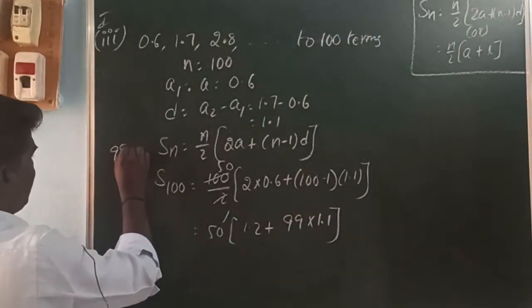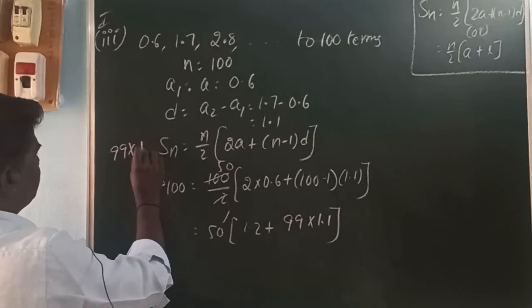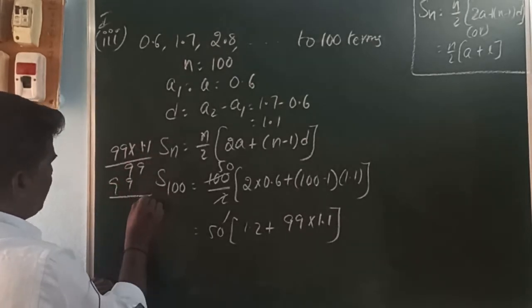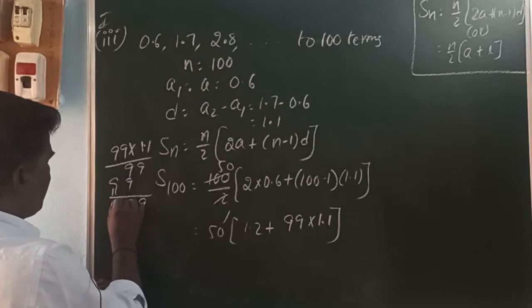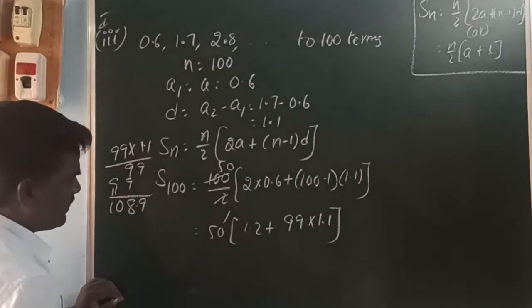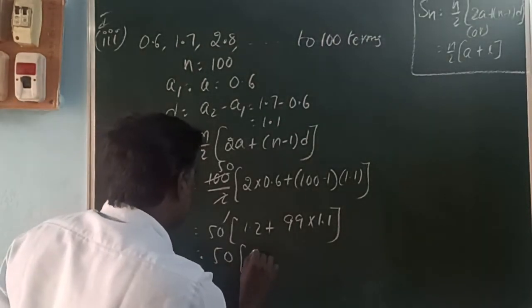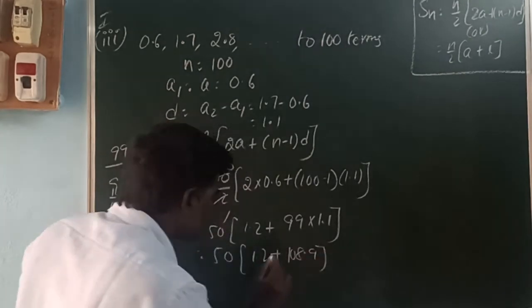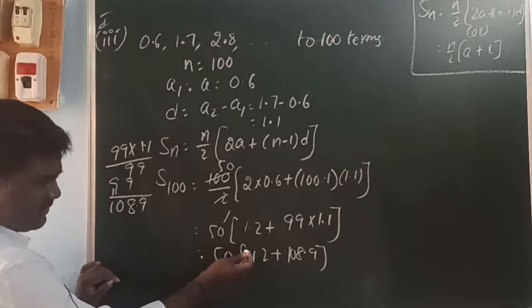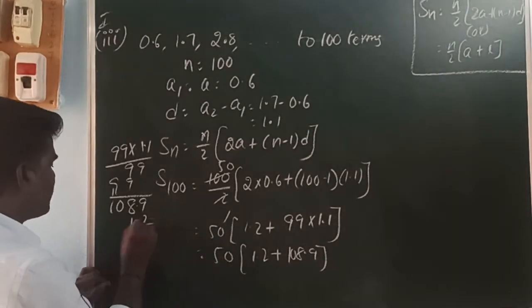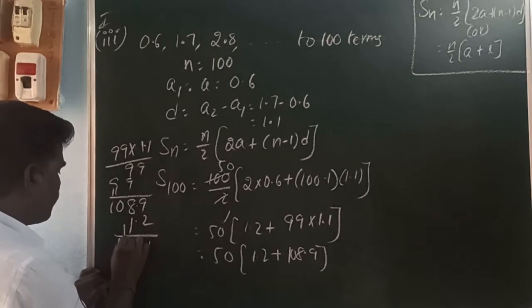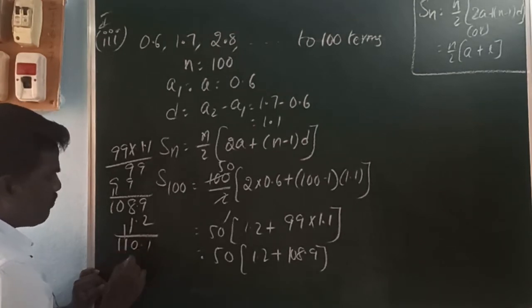Here 99 into 1.1, so 99, 99. So how many decimals are there? One decimal. So that is 50 of (1.2 plus 108.9). Here 108.9 plus 1.2, that is how much? 110.1.